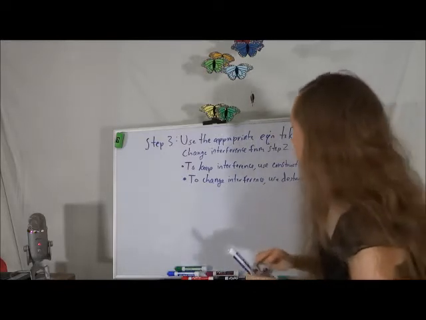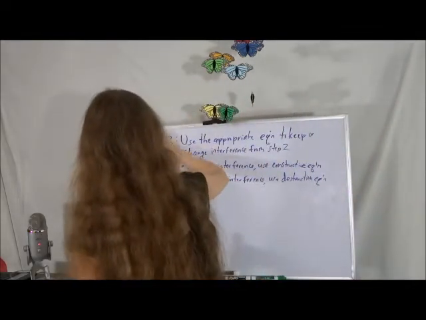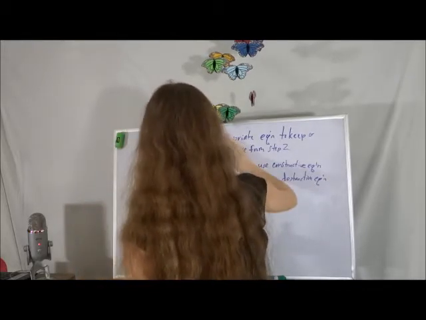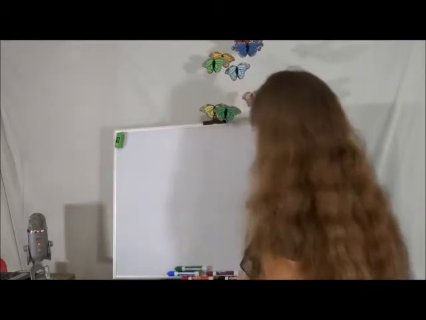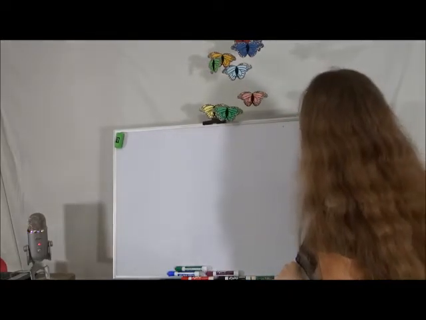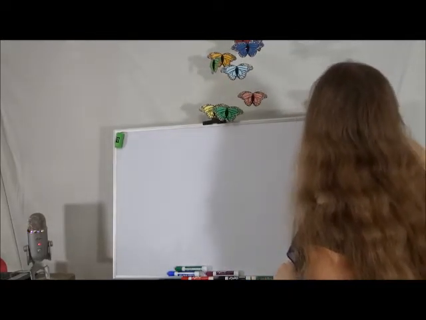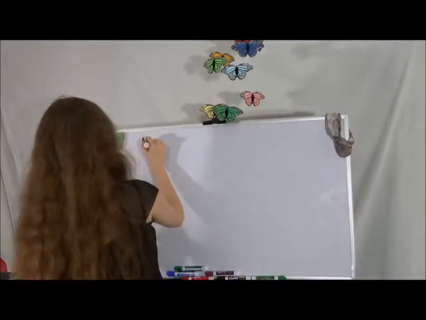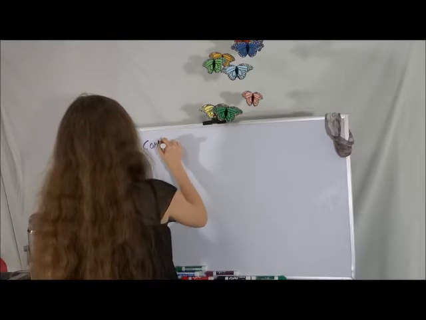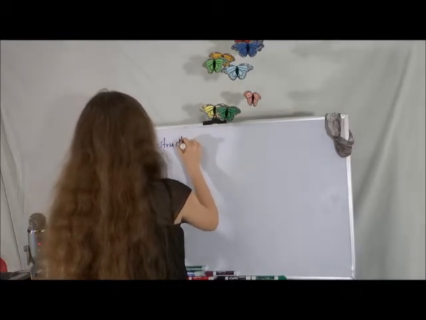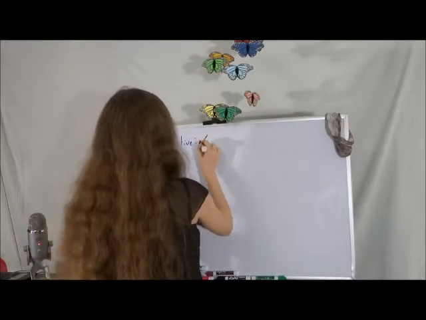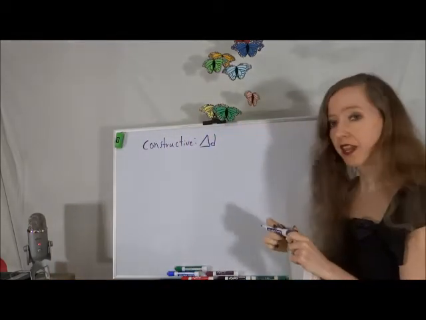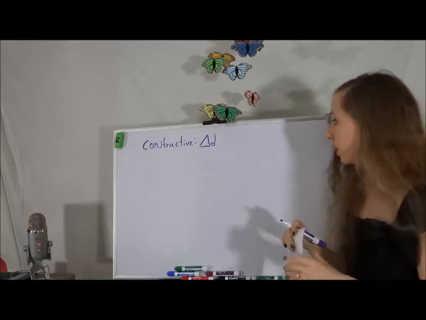So let's write out what our equations are. We'll start with constructive. And the condition is going to look very similar. So I'm going to use delta D to denote the path length difference like we have before.